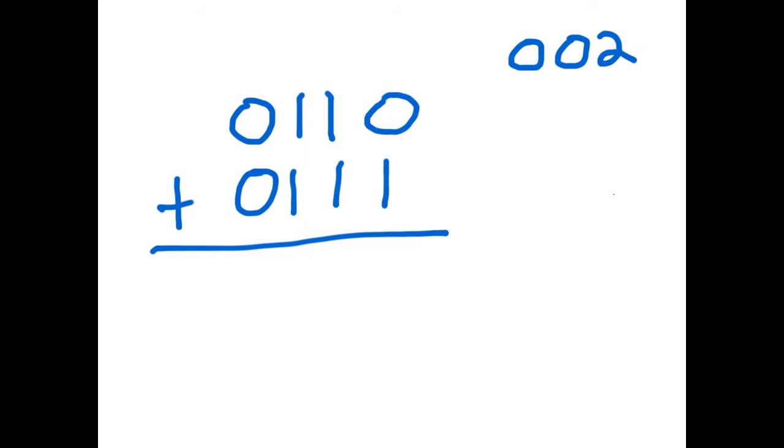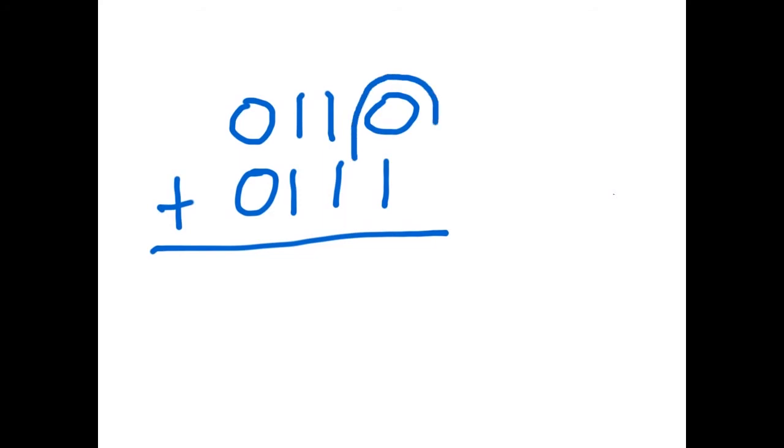If I write, for example, this, it's still 21. I could put as many zeros before the 21 as I wish. It doesn't change the value. The same is true in binary. So the reason you put a 0 in front is just to make it easier to read. So here we have the same problem, 6 plus 7, but we're going to do it a little differently.